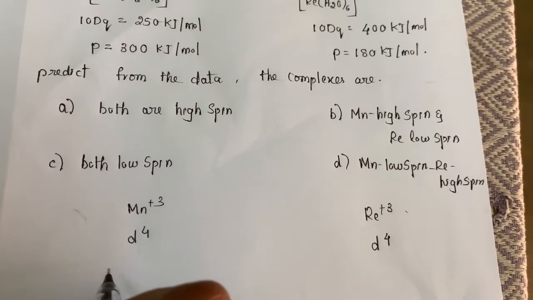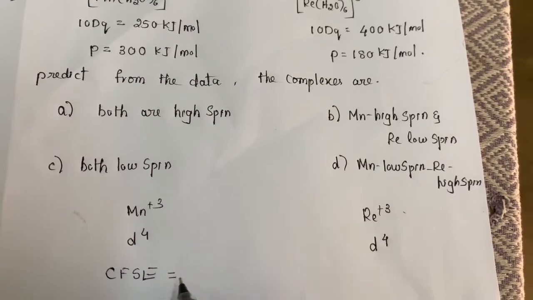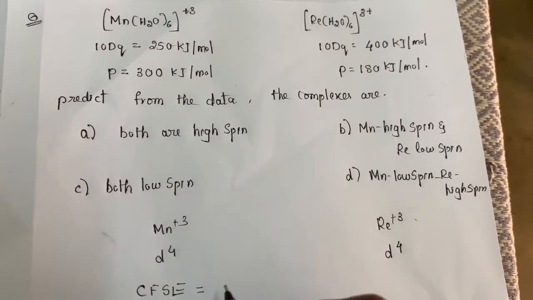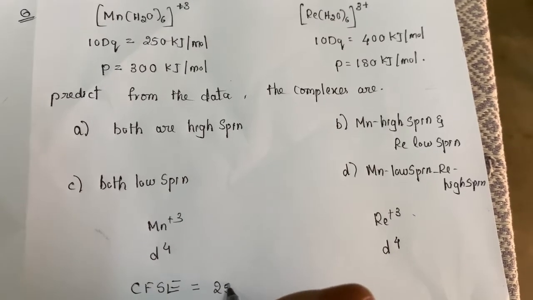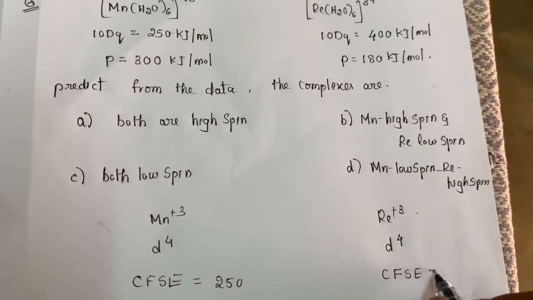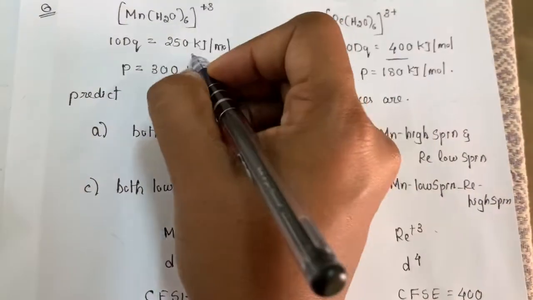For the manganese complex they have given 250, whereas for the rhenium complex they have given 400. It is already given in the question.